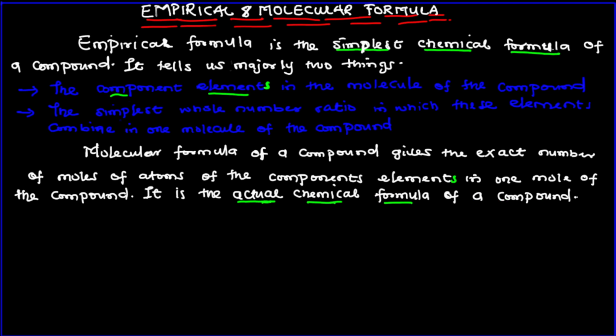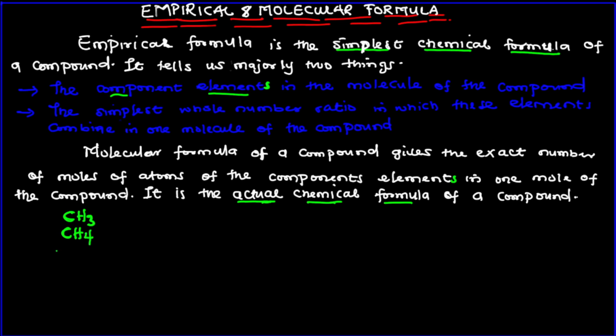Now, empirical formula and molecular formula are chemical formulas, so let's use chemical formulas to explain them. For example, let me write about five. I have CH3, 1 mole. This is the methyl group. Let's write the alkane series.